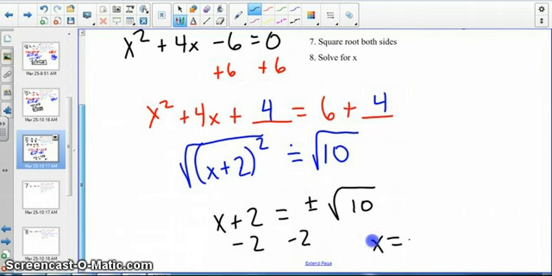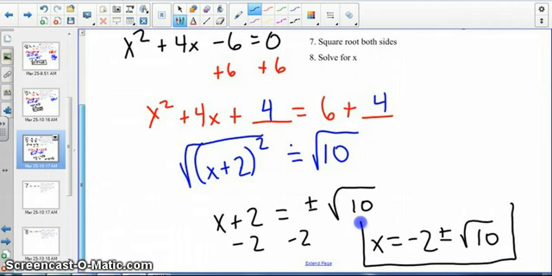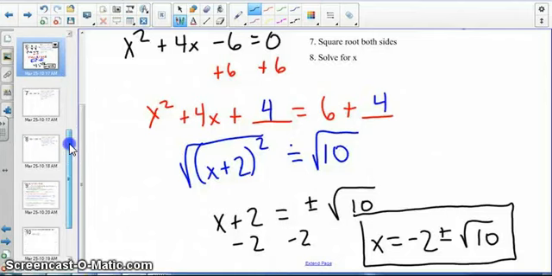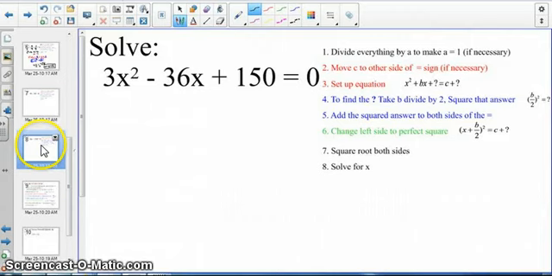So x equals negative 2 plus or minus radical 10. Sometimes you may have a problem where it's already set up for you, where your C is on the other side.